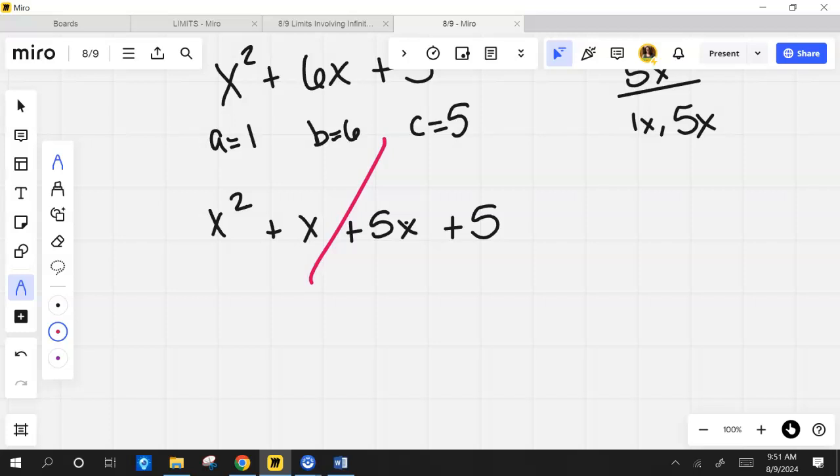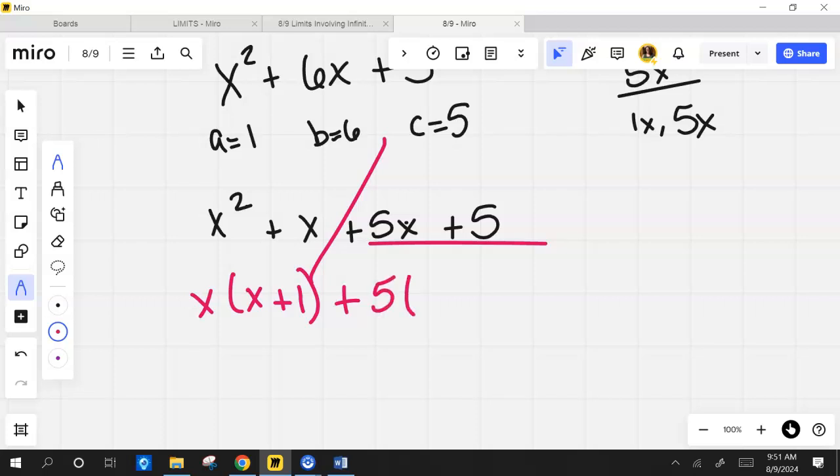Split it, slash it, cut it in 2. What is the GCF of the first 2 here? 1x. What's left when I take it out? X. Somebody said it, be confident. X plus 1. The middle sign carries down. It's always the same. And what can I take out of the last 2? 5.